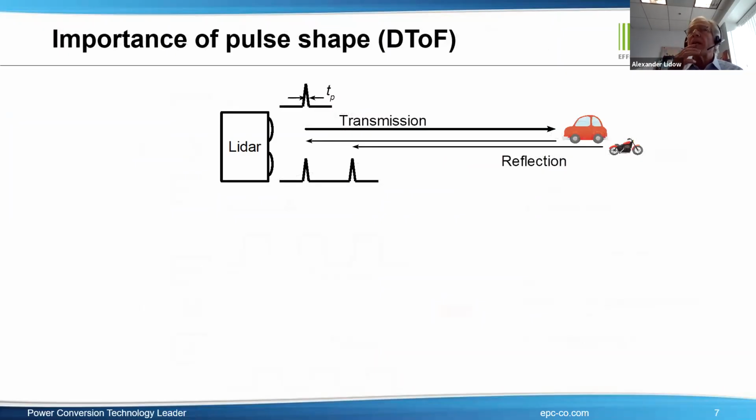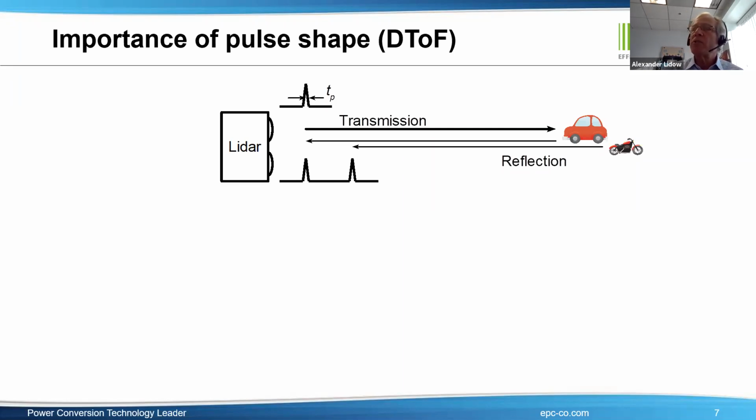So let's look at direct time of flight and what's important there, and why pulse shaping is key. This is an example where you're firing a packet of light and it has a pulse width of t sub p in this case, and it reflects off of two objects.